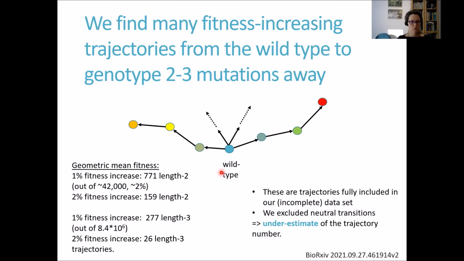And of course, trajectories can also pass through a neutral transition, so a minimal fitness increase is not necessary. So we find trajectories from the wild type to fitter genotypes between 1 to 3 mutations away, and quite many of them. So why then is this genotype the wild type? Or in other words, what is then unique about the wild type?